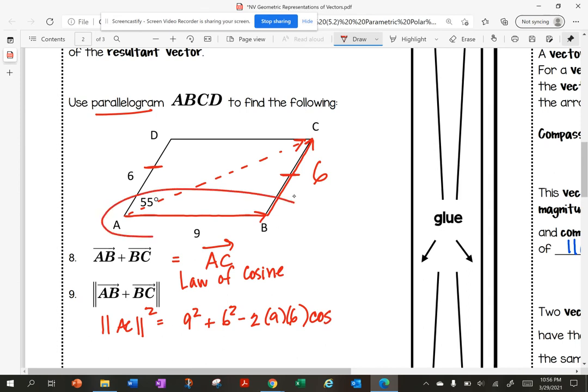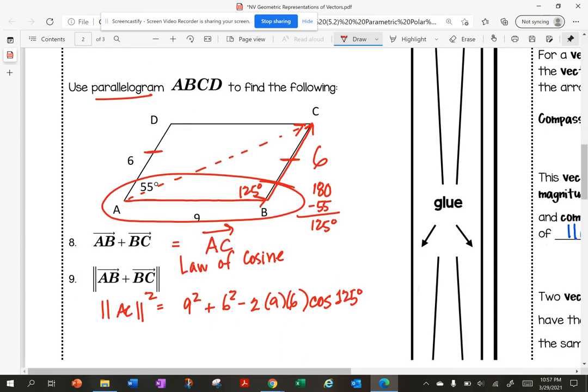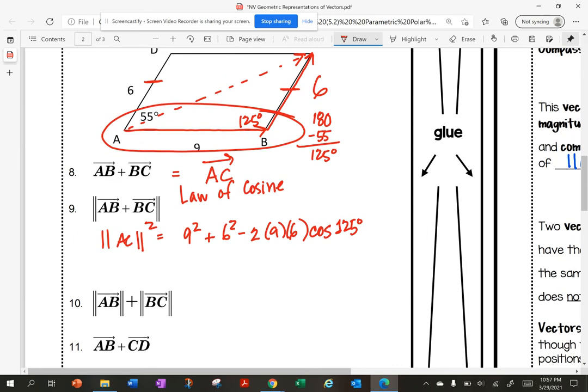And I know in a parallelogram, consecutive angles are supplementary. So angle B is going to be 180 minus 55, which is 125 degrees. So this is going to be the cosine of 125 degrees. Make sure you're in degree mode.